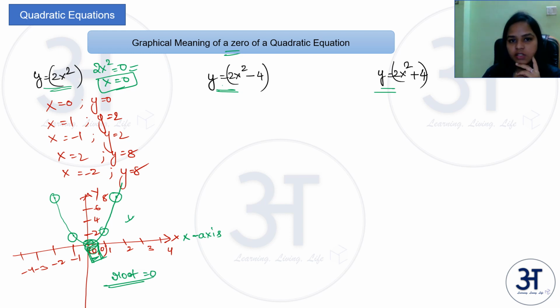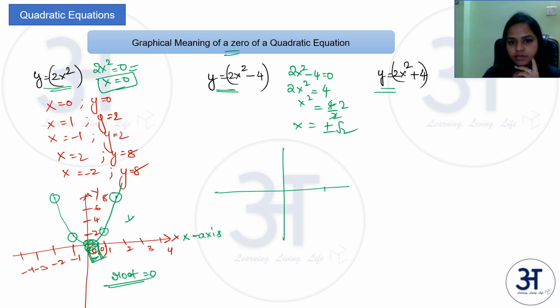Y is equal to 2x square minus 4. So in this case, if you solve 2x square minus 4 equal to 0, 2x square is equal to 4, x square equal to 4 by 2. So x is equal to plus minus root 2. So your roots should be plus root 2 and minus root 2 so far as x is concerned.